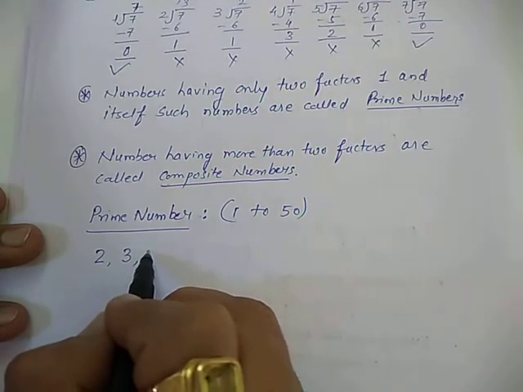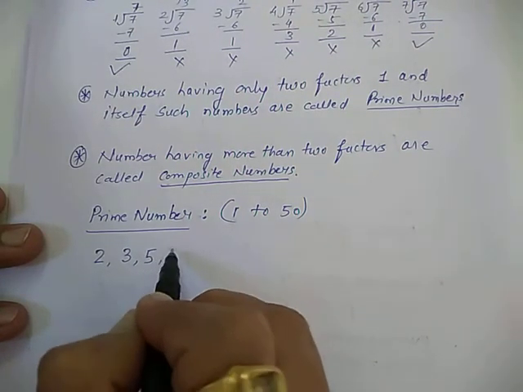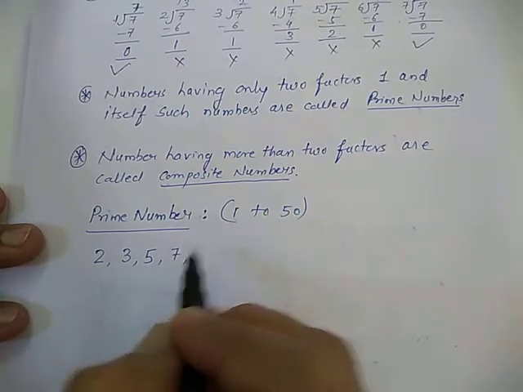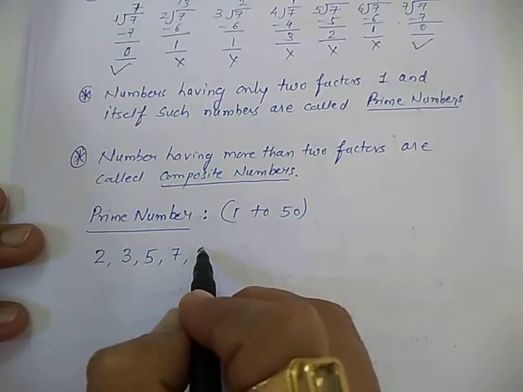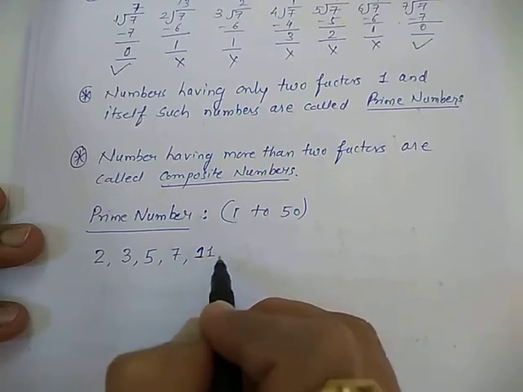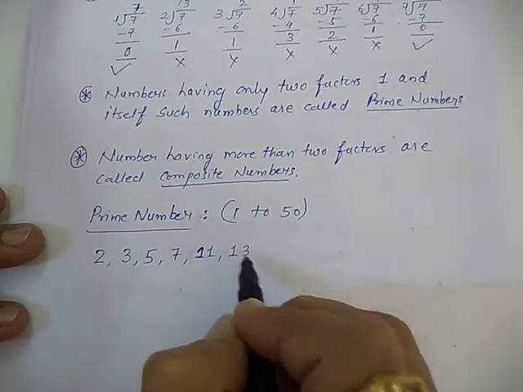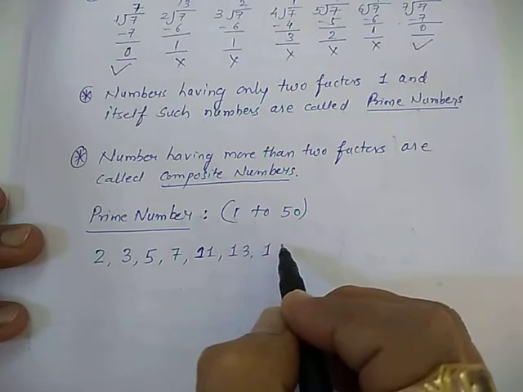So such numbers with us are 2, 3, 5, 7, then 11, then 13, then 15?